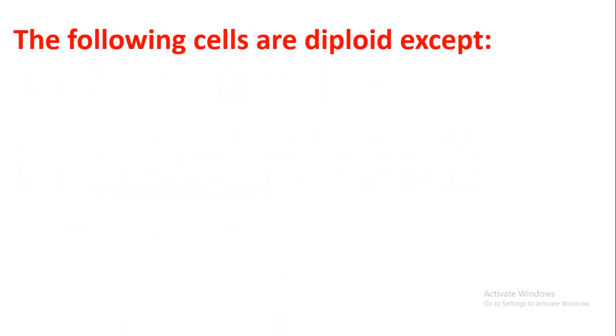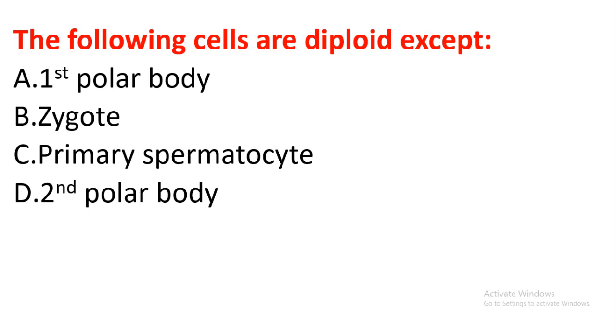The following cells are diploid except. One thing we need to understand is that the first polar body is a diploid cell, which is normally produced at the first meiotic division. And then B, the zygote, which is formed by the union of the sperm and the egg, is normally a stem cell in nature, so it is diploid.